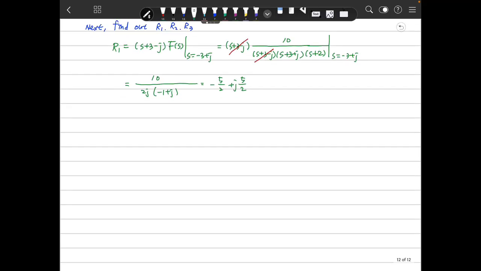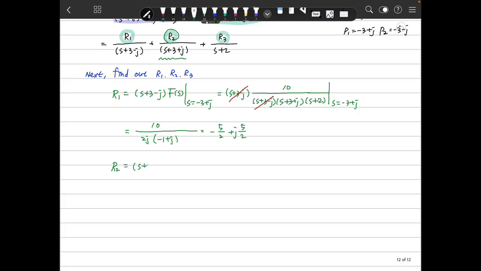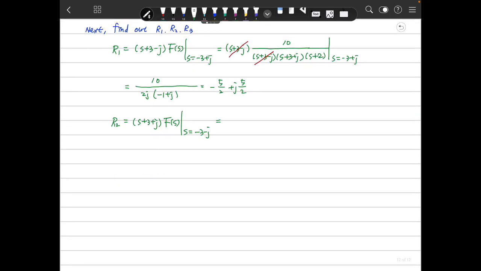In the same manner, we can calculate r2. Because r2 is that value, we multiply the terms. s plus 3 plus j times F(s), with s equal to minus 3 minus j. So s plus 3 plus j and F(s) will be s plus 3 minus j, s plus 3 plus j, s plus 2 and 10.